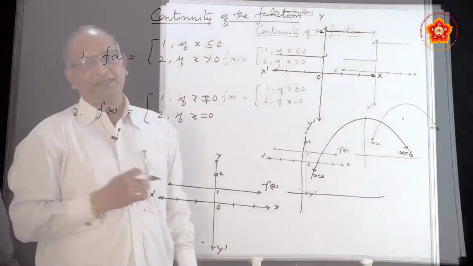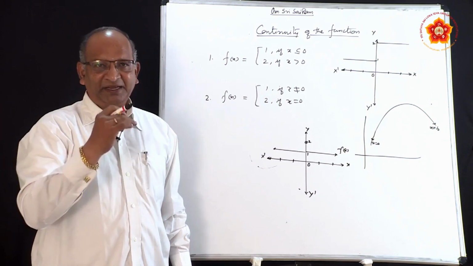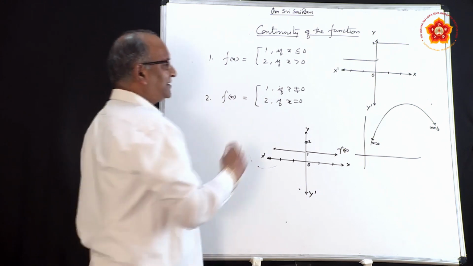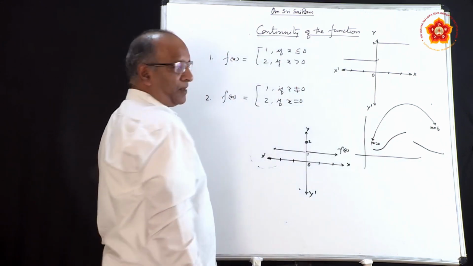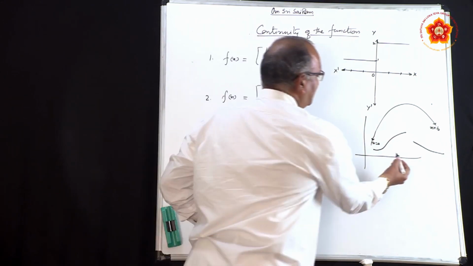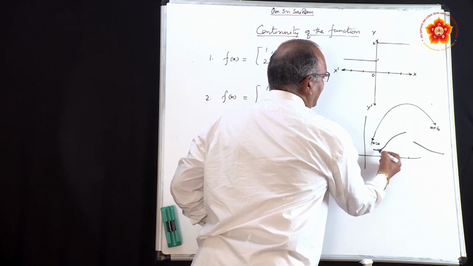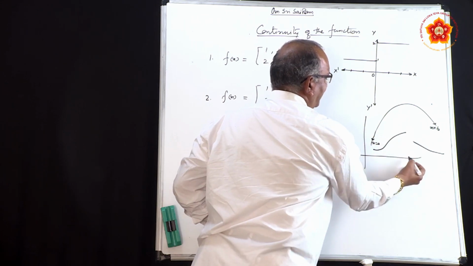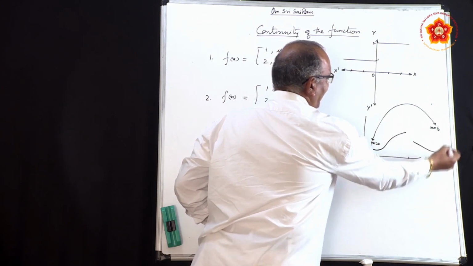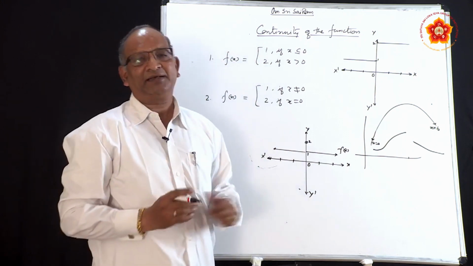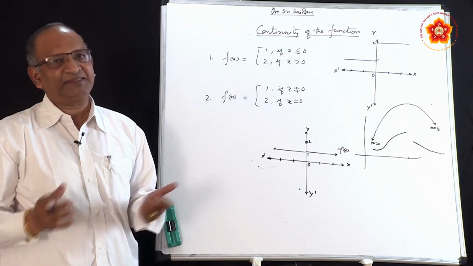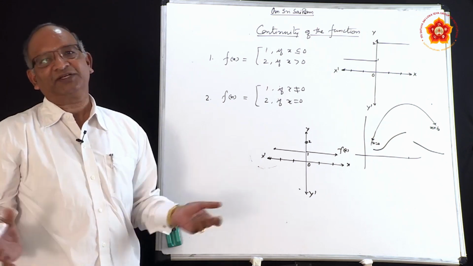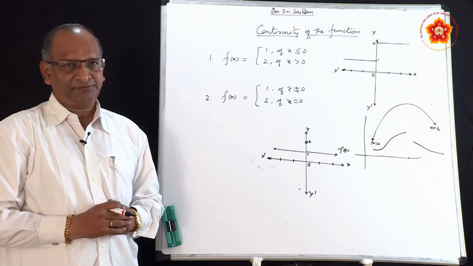So we say it is continuous. In between, if you have to lift, now let us take one more example. So what do we find? At this particular point, up to this point it is continuous. After this we have to lift and then take it. So we say that the graph is discontinuous, and the graph is that of a function, so the function is discontinuous.